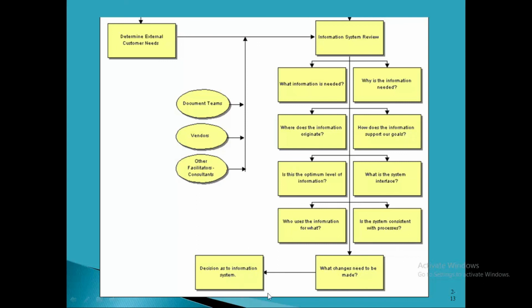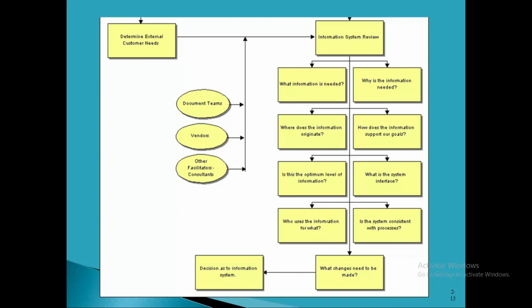Decision as to the information system: finally the decision is documented, whether all the information gathered is fine for the organization, or we need to make certain changes. If the changes are required, then all the required changes are also suggested here.